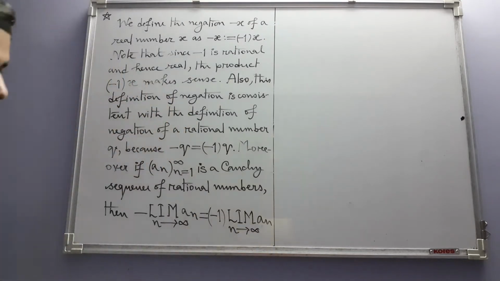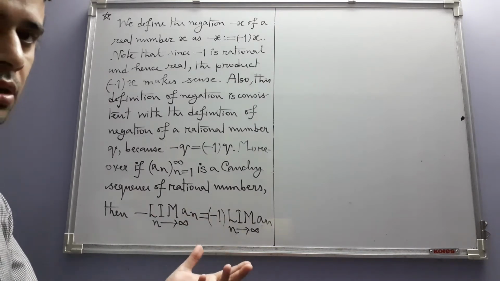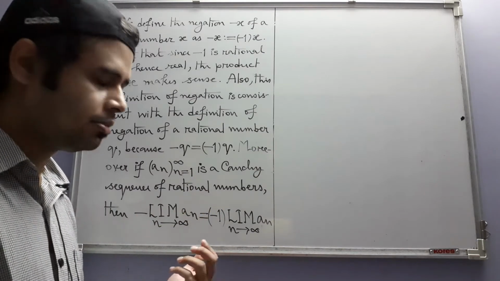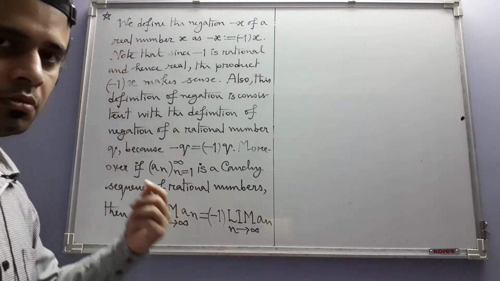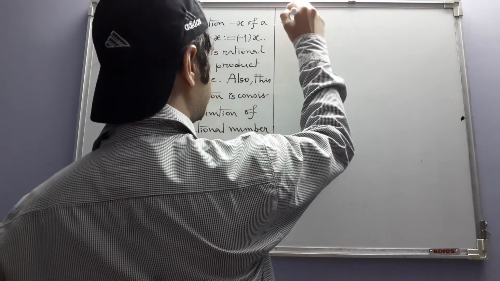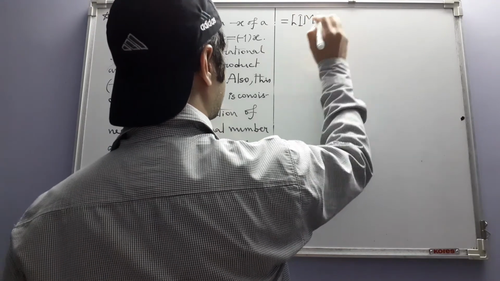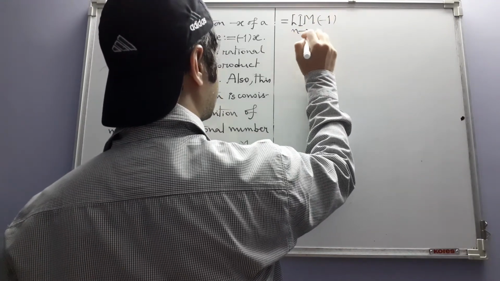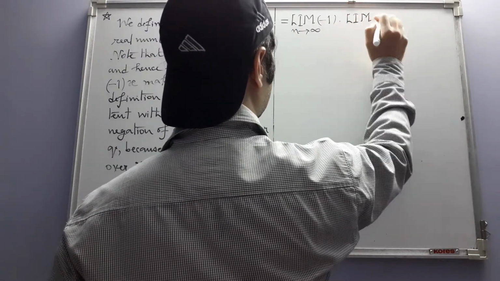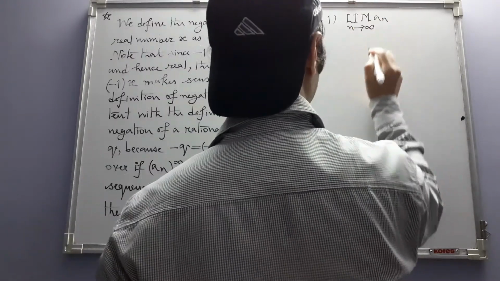But we know according to our embedding that this rational number minus 1 can be thought of as the real number which is given by the formal limit of the sequence, all of whose terms are equal to minus 1. That means this is equal to that times this formal limit.